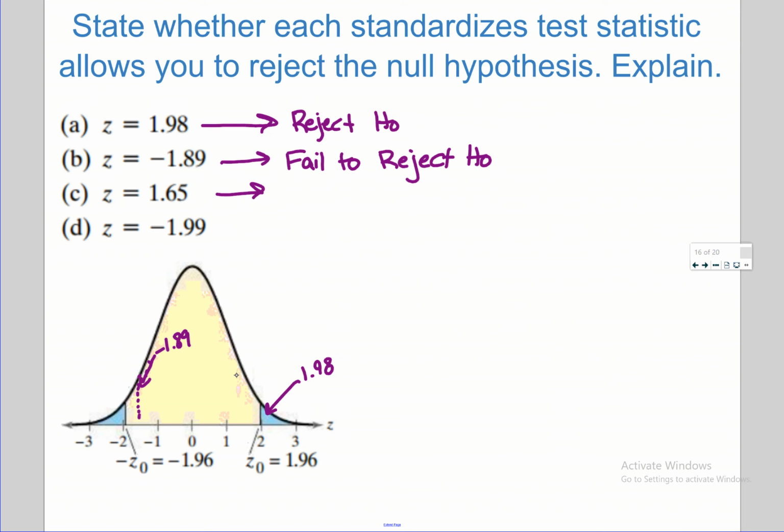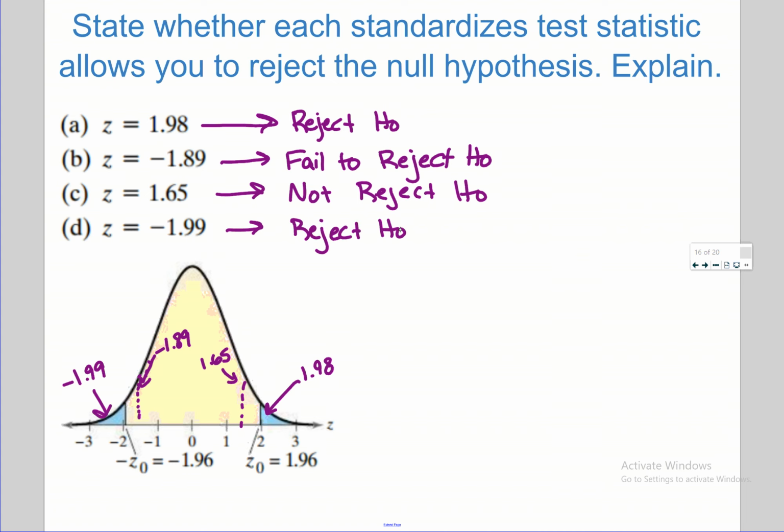It is not. So if it's not in the shaded region, we do not reject. And then negative 1.99, over there somewhere on the left. So we would reject it.